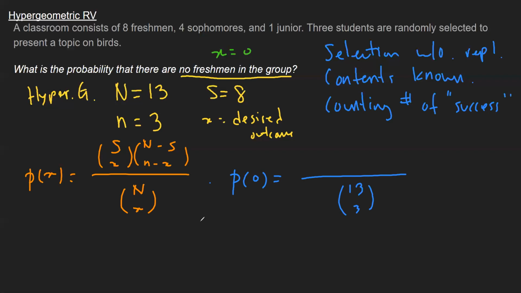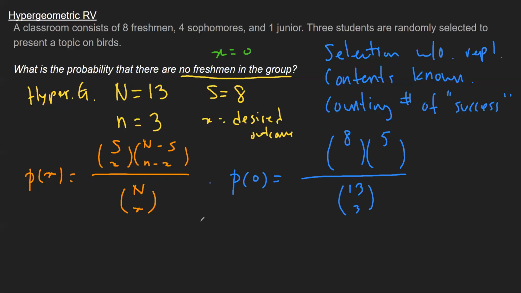But for hypergeometrics, we have this binomial situation where it's a yes or a no. In this example, it's either freshman or not. So that means I'm just going to take the classroom and split them into my 2 groups. So I've got freshmen and then non-freshmen. So freshman group is 8, and then the rest of them, combining sophomores and juniors together, is 5. So since the question is only asking about freshmen, then that is my success.